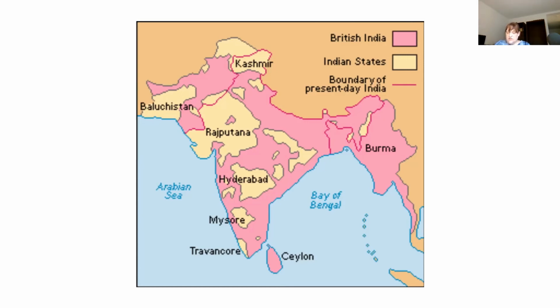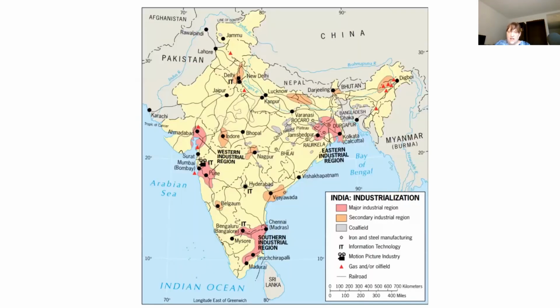All right. So here's the industrialized areas. And what you can see is that you have the major industrial regions in areas that were basically former ports. If you look at the eastern one, that is one where you have the Ganges River emptying.